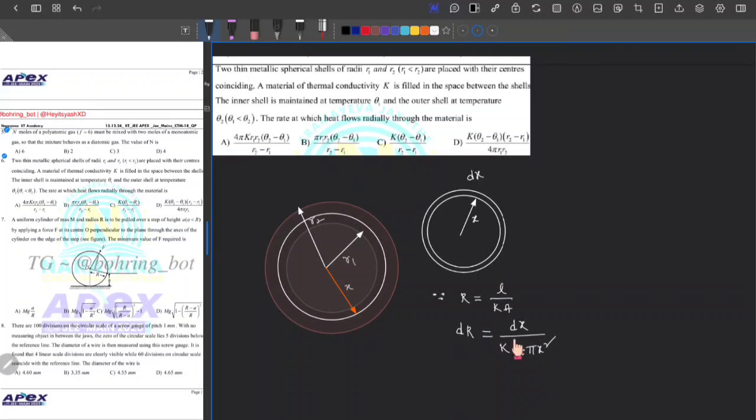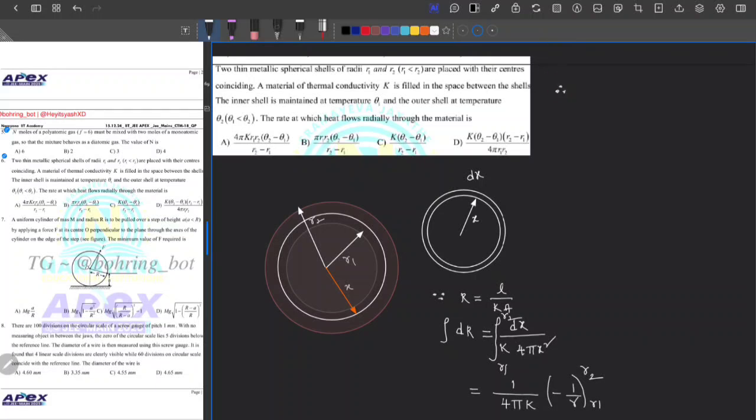So now we have to integrate it. In order to find out the thermal resistance from here to here, we need to integrate it from R1 to R2. That will be equal to, 1 by 4 pi K will come out, right? Therefore this can be written as dx by x square, which is minus 1 by x, with the limits r1 and r2, right?